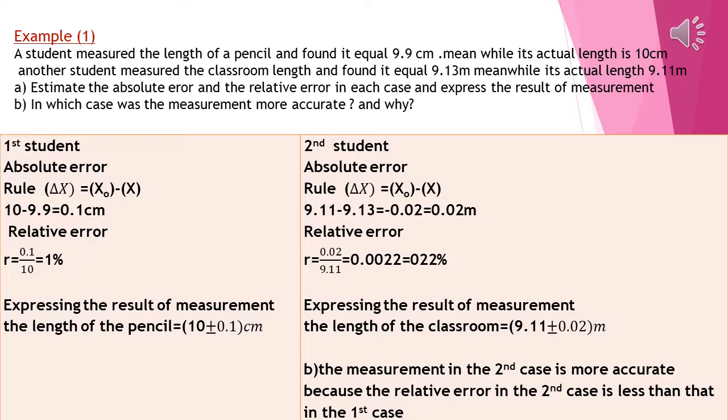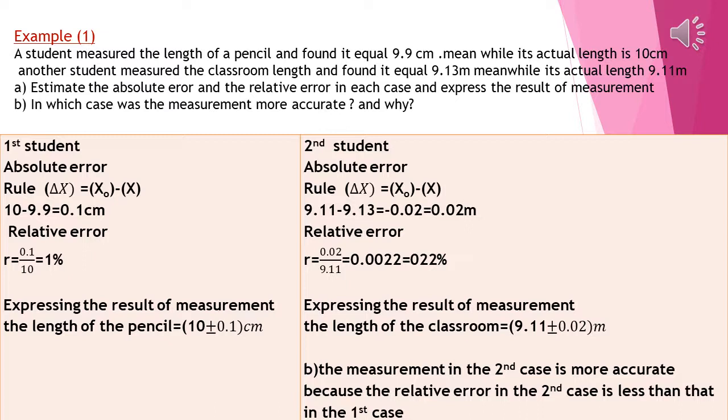From this we get the absolute error: x naught minus x, so 10 minus 9.9 is equal to 0.1 centimeter. The relative error equals delta x over x naught, with delta x equal to 0.1 and x naught equal to 10, so the ratio equals 1%. Okay, this is for the first student.